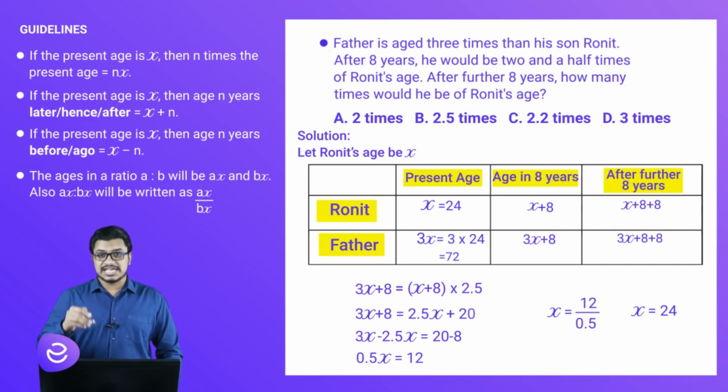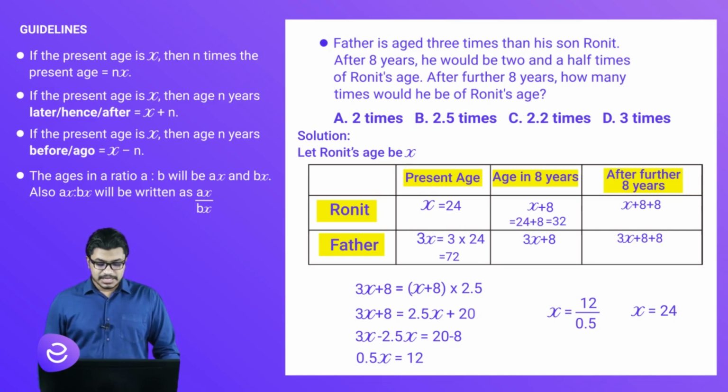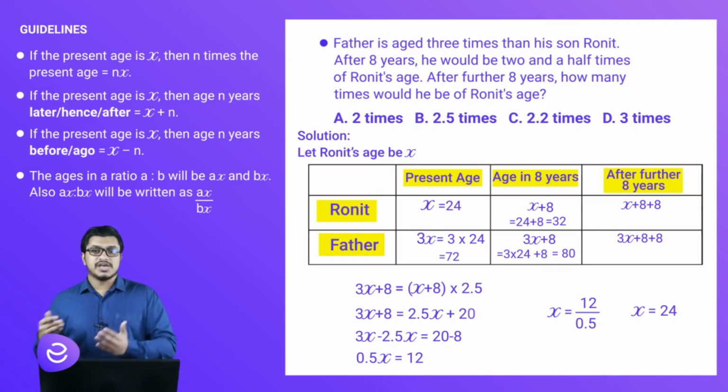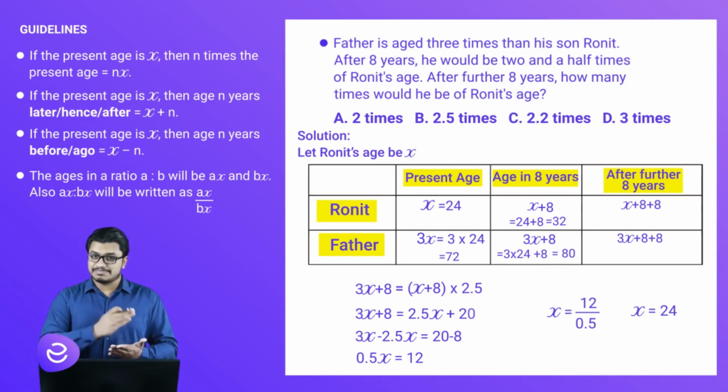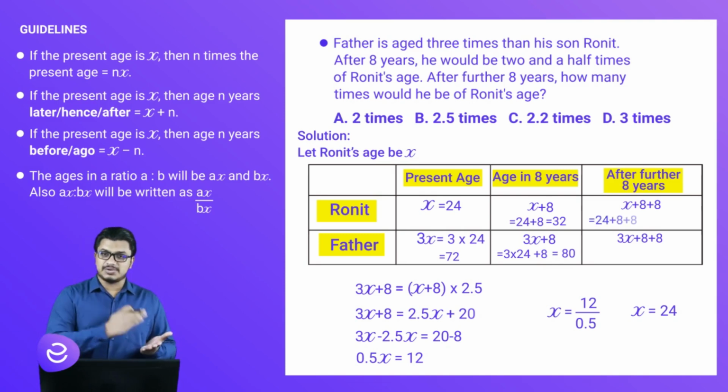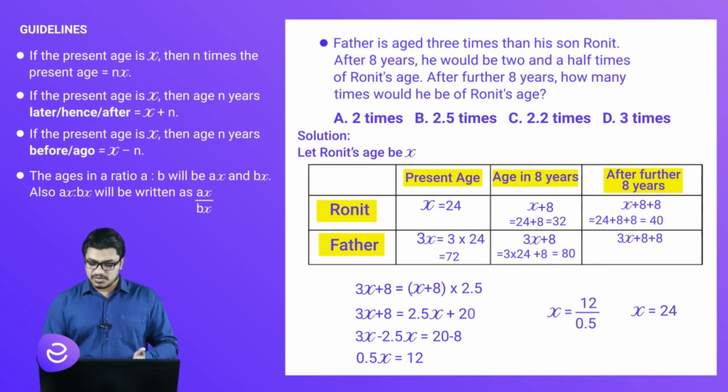Ronit's age in 8 years is x plus 8, so 24 plus 8, which becomes 32. Father's age in 8 years is 3x plus 8, so 3 into 24 plus 8, which equals 80. After further 8 years, Ronit's age becomes x plus 8 plus 8, which means 24 plus 8 plus 8, which equals 40.